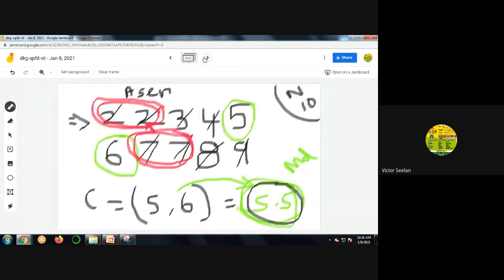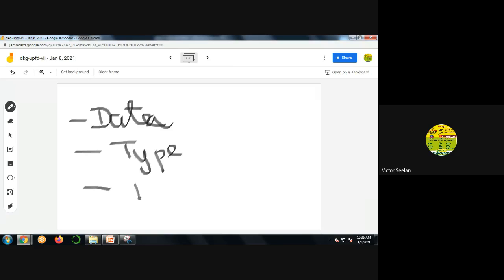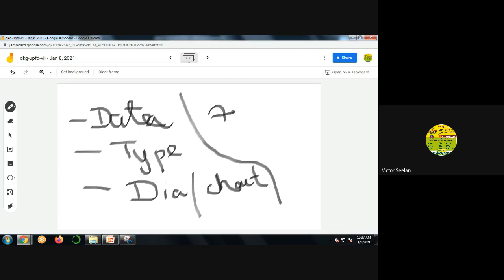So now I'm going to recall all the steps. First we talked about data. First one data, second one types of data, third one representations, that is diagrams or charts, and fourth one frequency distribution.